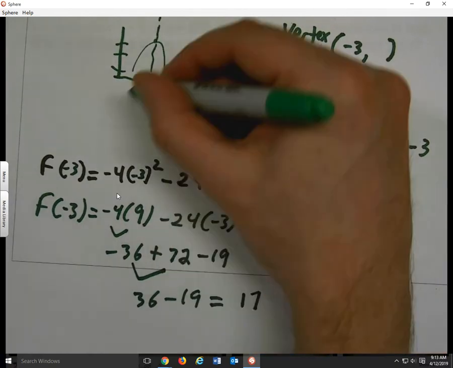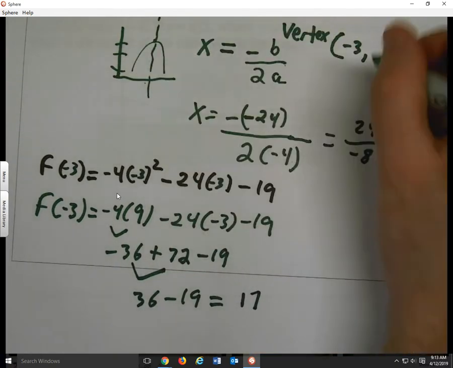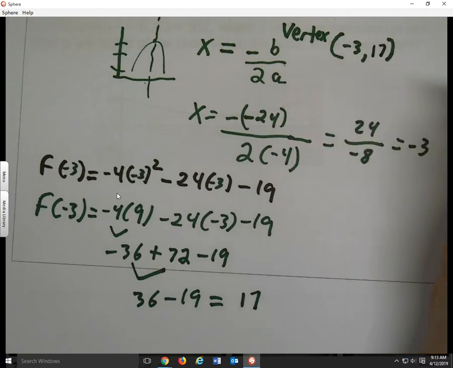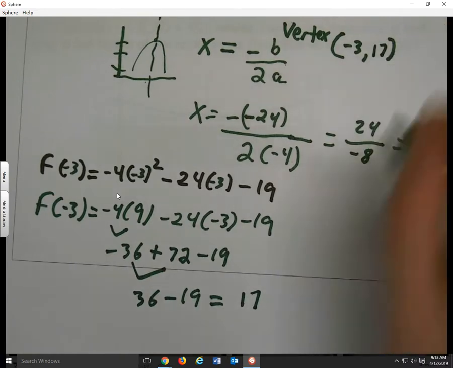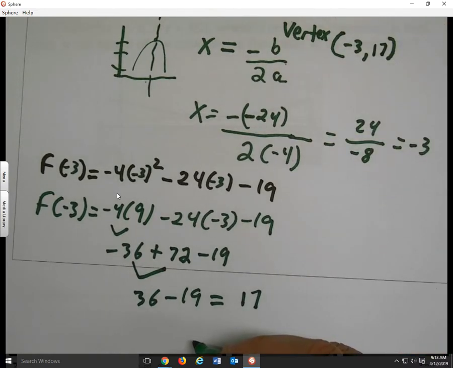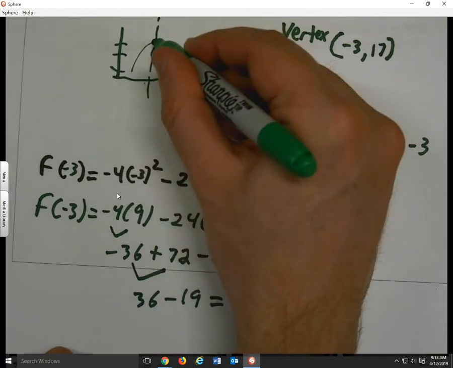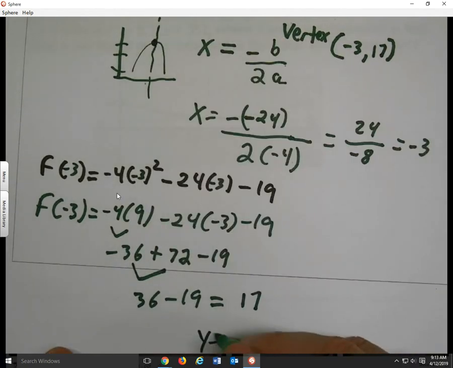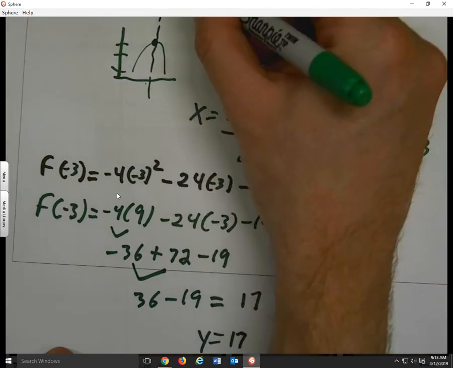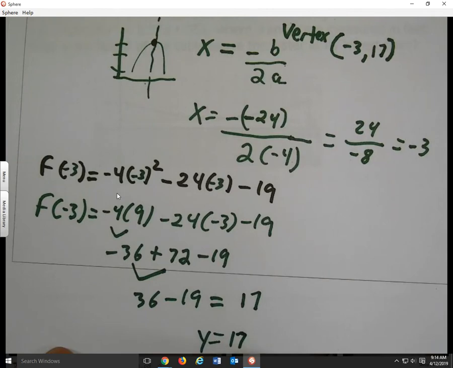So how high did this parabola go? 17 is the height of this parabola. So the answer for the maximum value would be y equals 17, or in this case we didn't use a y, we used f of x, didn't we? So f of x equals 17.